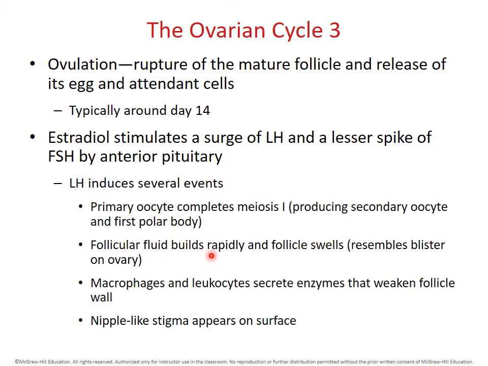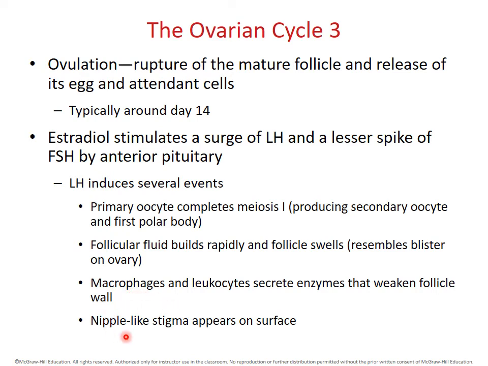It causes a rapid increase in the formation of follicular fluid, which causes the antrum to swell inside the vesicular follicle and eventually burst. It stimulates macrophages and other white blood cells to secrete enzymes to weaken the follicular wall, also encouraging it to burst open.